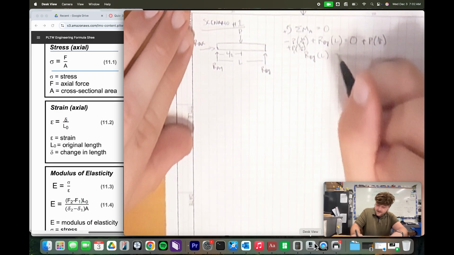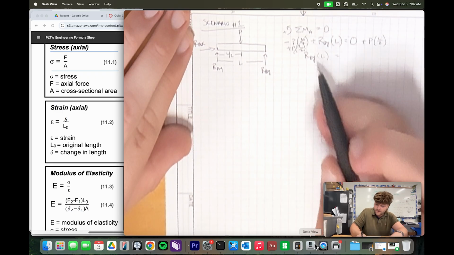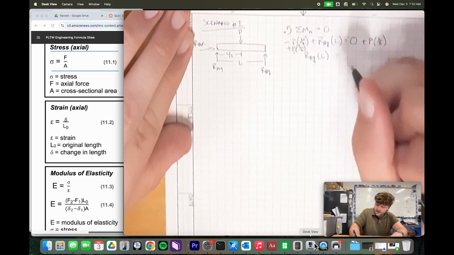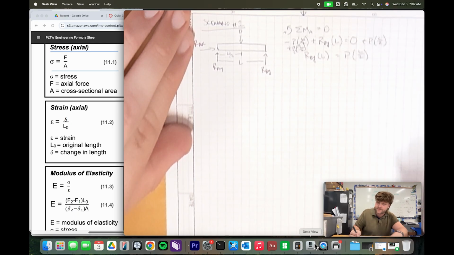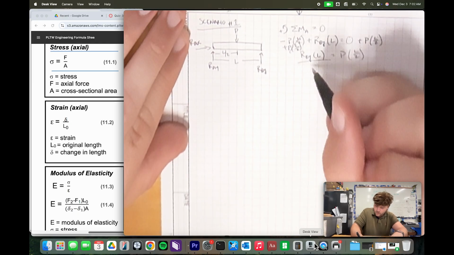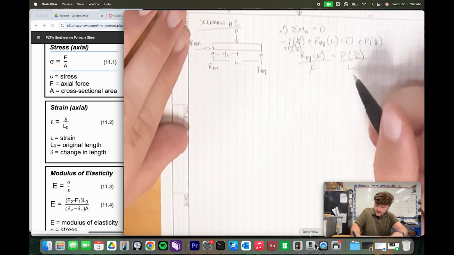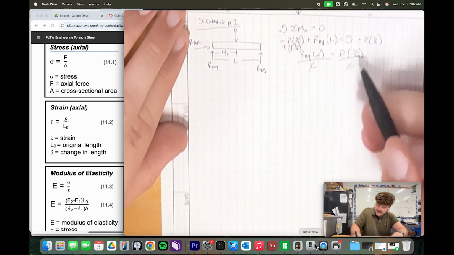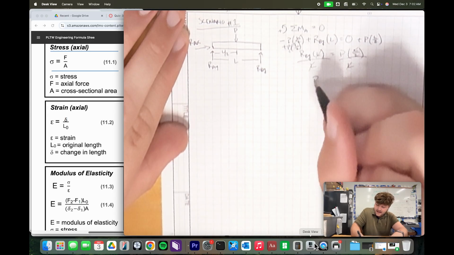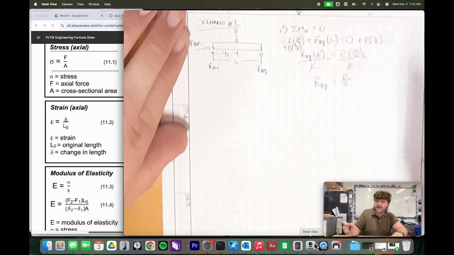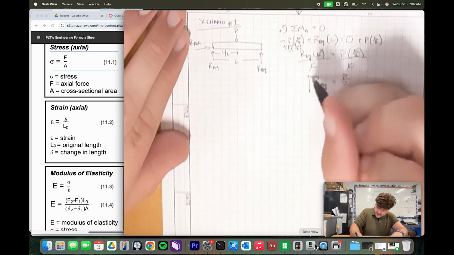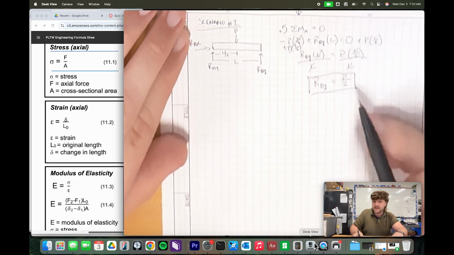And so now we have RBY multiplied by L is equal to P times L divided by 2. To solve for RBY, we can divide by L. As you can see, the L's cancel on this side, and they're also going to cancel on this side. And so we're left with RBY equal to P divided by 2, right? And so that tells us that RB is equal to P divided by 2.